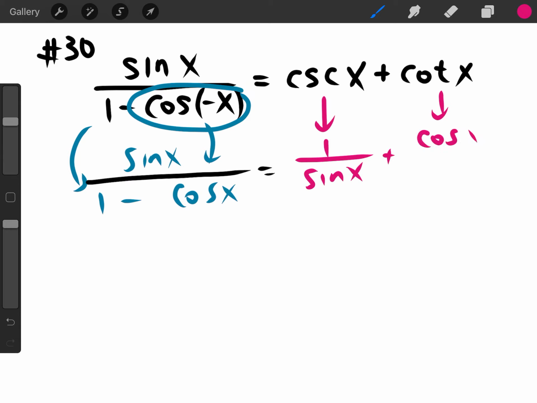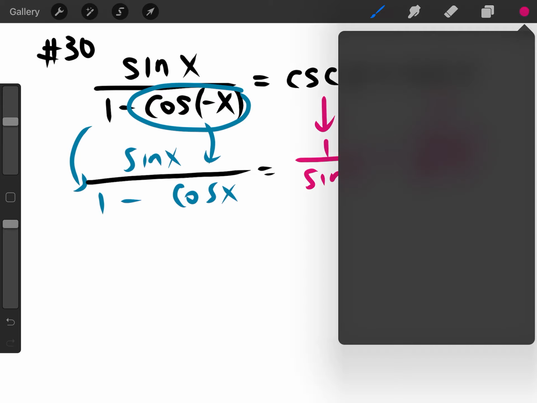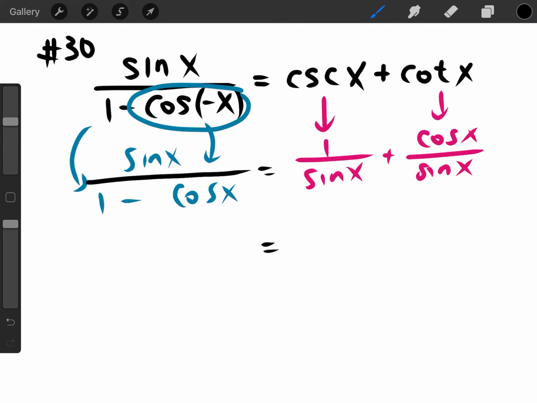So 1 over sine x plus cotangent, which is cosine over sine. Let's see if they're going to equal each other in this case.